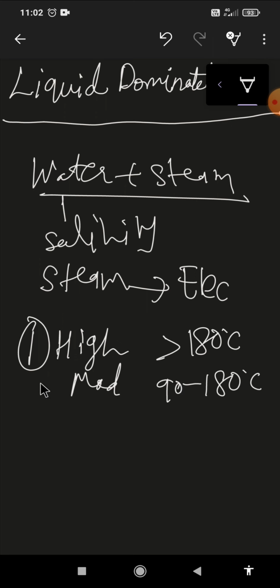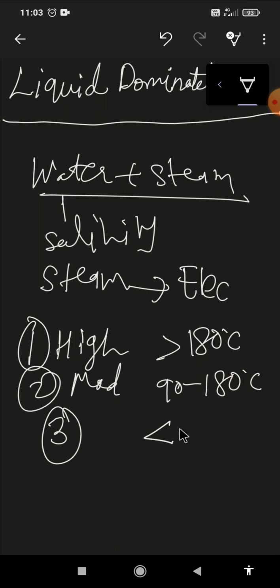Then there is the third, low temperature system, that is less than 150 degrees Celsius. Here for high temperature this is the liquid dominated flash steam system, the total flow system. In medium you can have a liquid dominated binary cycle system, and in low you can have a hot water system.